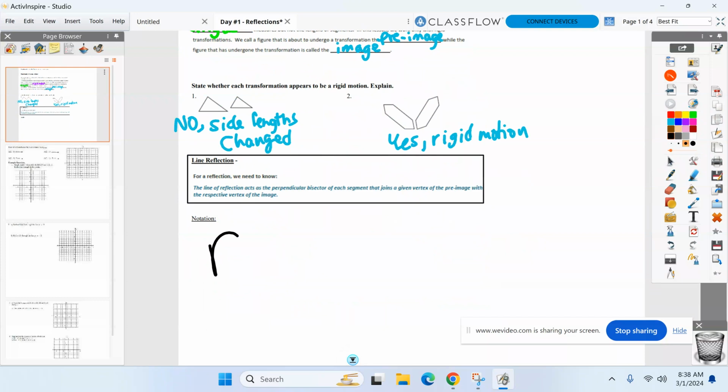And no, you can't use uppercase, capital R, because that's reserved for something else down the road we're going to talk about. So lowercase r for reflection. Now, you're not just going to see a lowercase r. You're going to see what's called a subscript, something written down at the bottom of it. What's going to be written down at the bottom is the line we're going to reflect over. So the line of reflection will be written here.